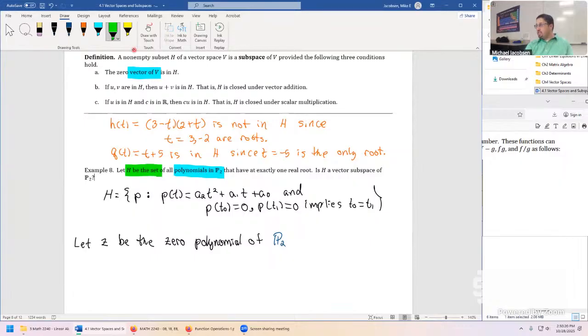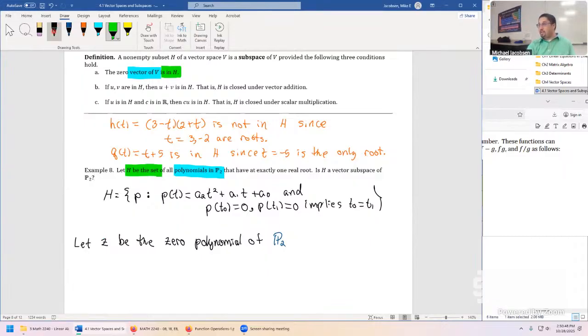The thing we have to show is, is it actually in H? How do we get inside H? Well, it has to be a degree at most 2 polynomial, so you can pick any values you like here for the coefficients. But critically, it has exactly 1 real root. But that's not how the zero polynomial works. The zero polynomial, by definition, is 0 for every single input you put inside here. It has infinitely many real roots.